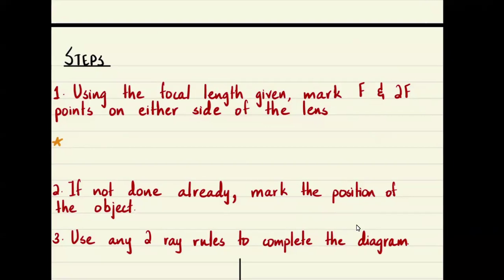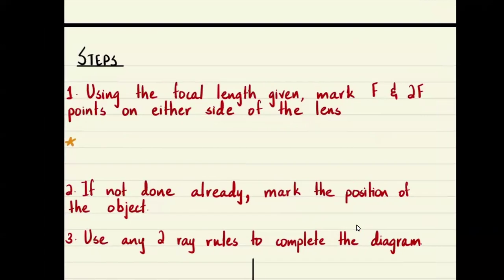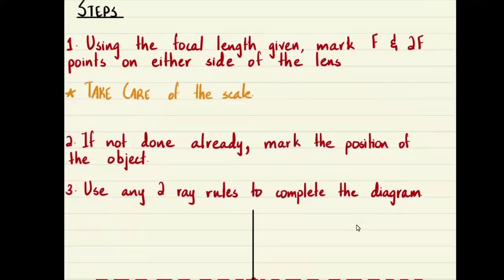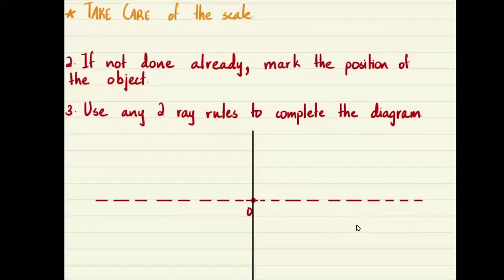There's also a star here because sometimes the examiner will give you a scale, so you have to take care of the scale of the diagram. Because this will always be on graph paper in paper 2, what 1 centimeter is might be different things on the scale of the drawing.